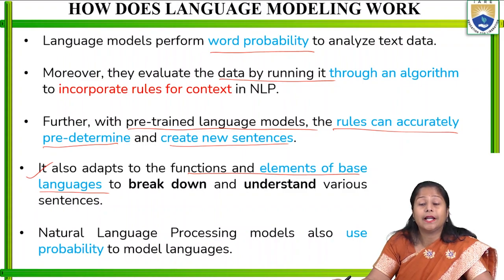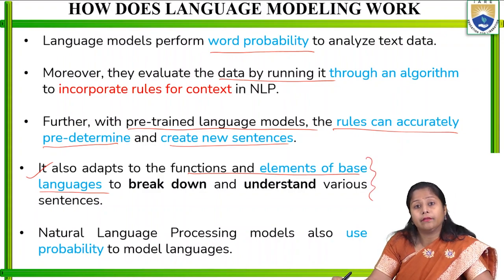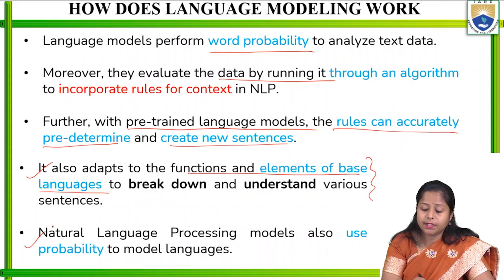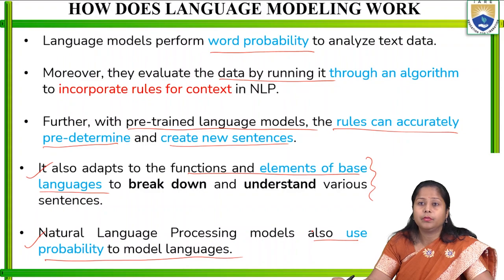But in that case also, it is going to catch the basic interpretation out of those sentences, understand those emotions and interpretations, and give particular basic knowledge of the sentences. That can also be possible with language models. Natural language processing models also use probability to model the languages. So a probability model will also be used here.